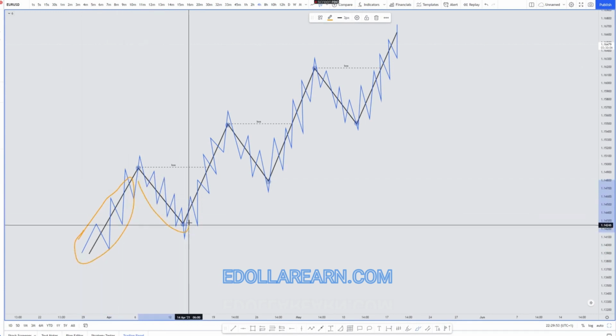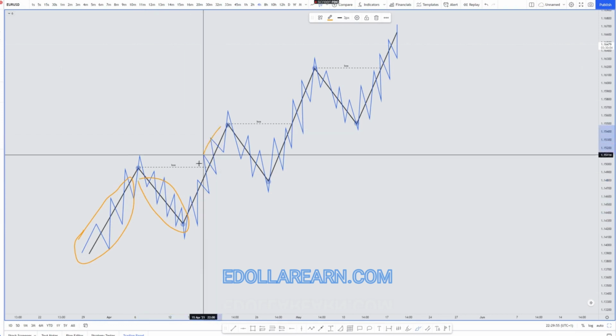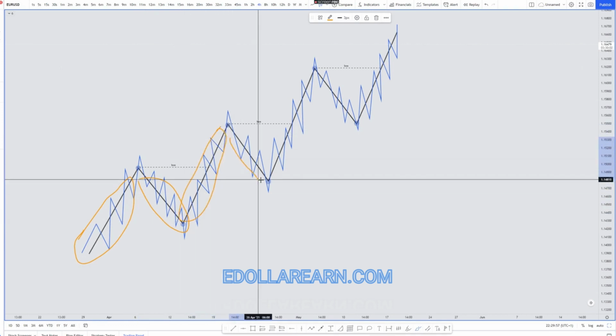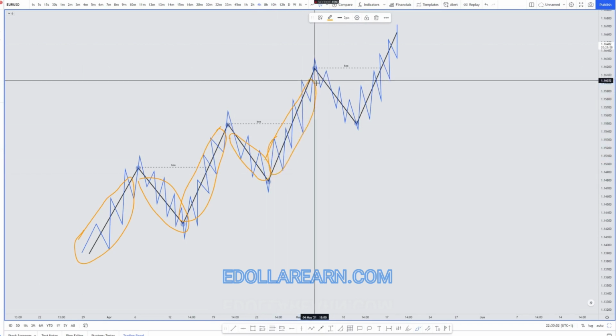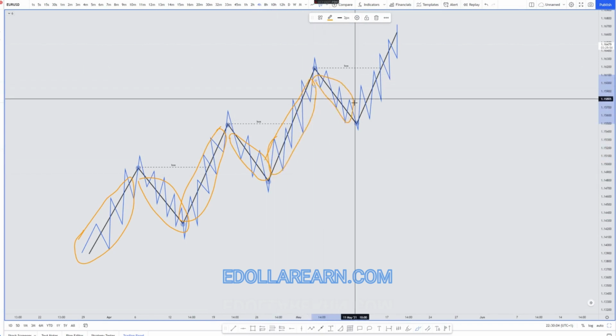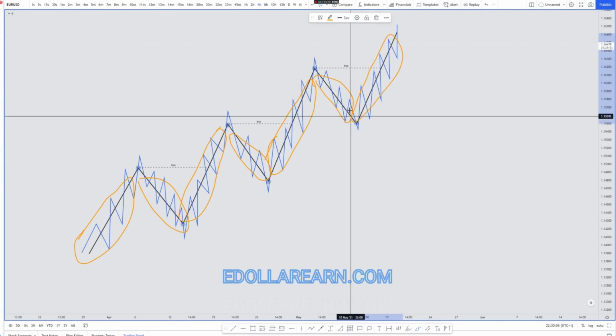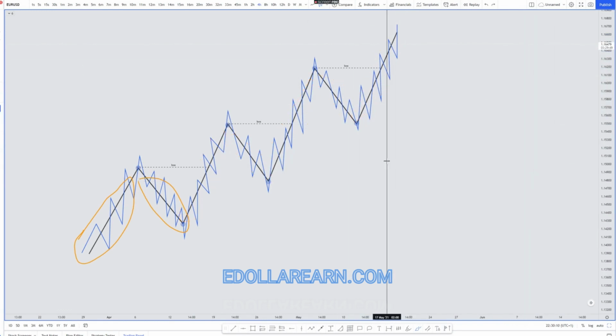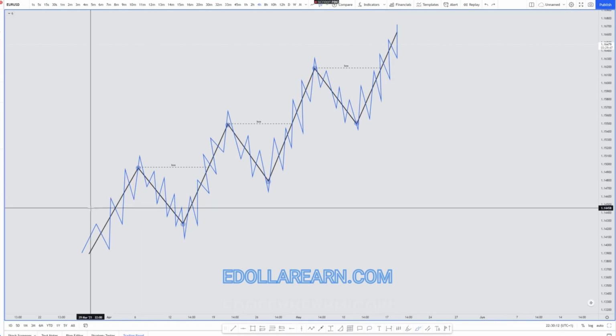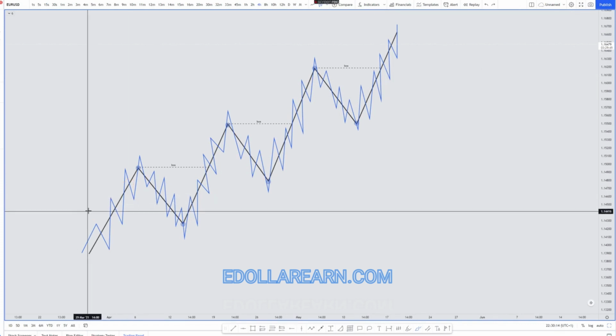One continuation here, counter 4-hour trend. Continuation, continuation. And look at all the pips there is to catch in the continuations of these legs. So the idea of expectational order flow is to follow current order flow till it no longer works.